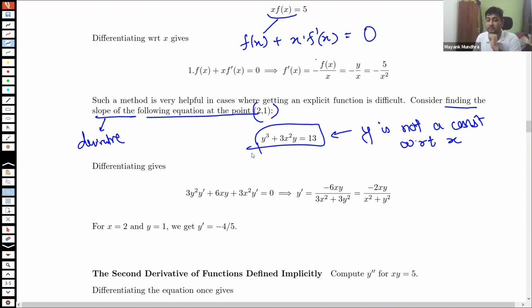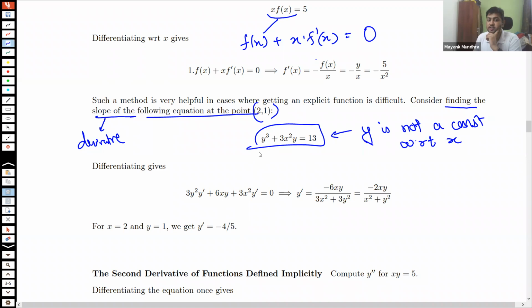That is partial differentiation. This is not partial differentiation. I'm not saying to differentiate with respect to x keeping y constant. I'm saying y itself is a function of x, so y cannot be held constant when x is changing. That is not possible.